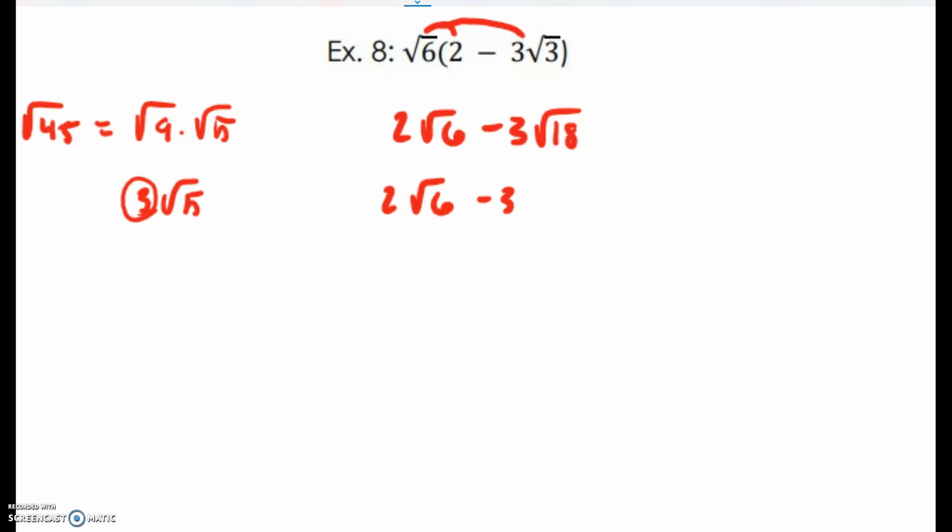So 18 is the same thing as 9 times 2, which is 3 radical 2. And we already have this negative 3 out here. So I'm going to have to do negative 3 times 3, which is negative 9 radical 2. Okay? And that's as far as we can go with this problem. Radical 6 doesn't go any further.